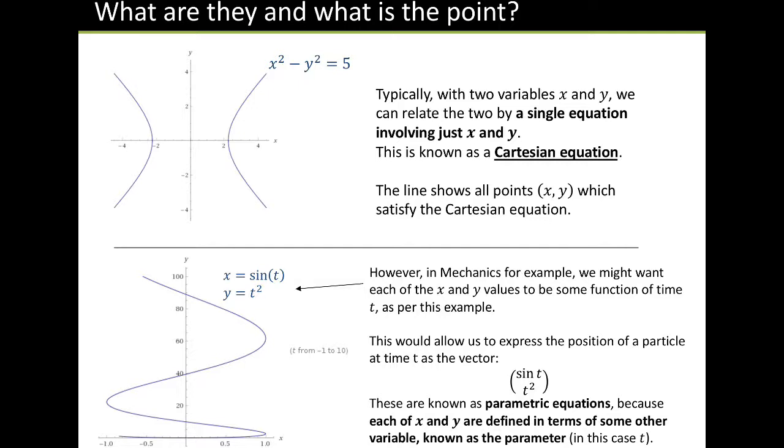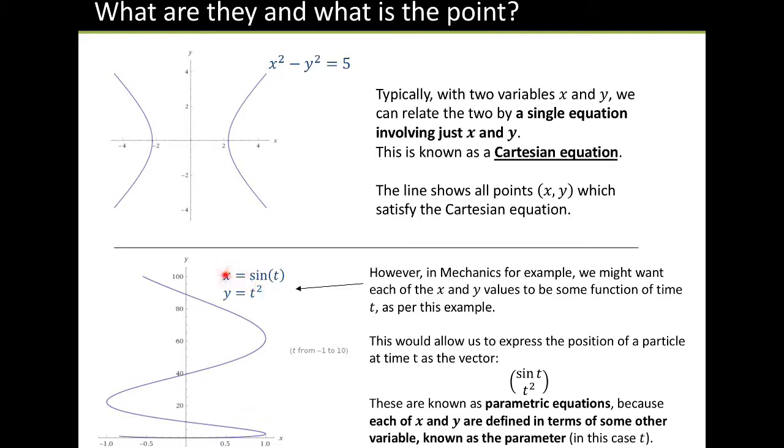However, in mechanics, and though we're talking here about mechanics, this is not just going to be on the mechanics paper, it'd be very much in your core maths syllabus as well. We might want each of the x and y values to be some function of time, as shown in this example.